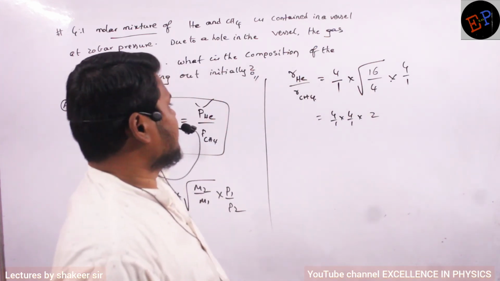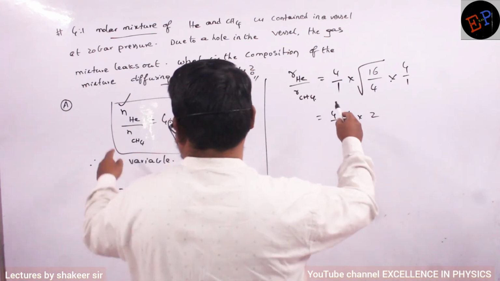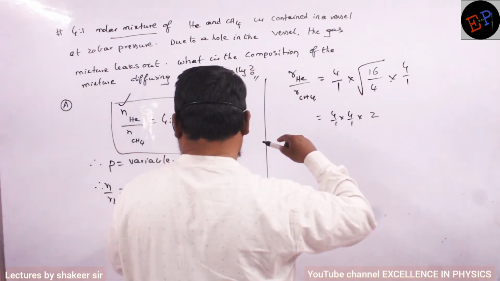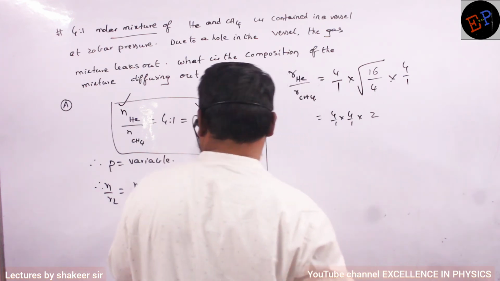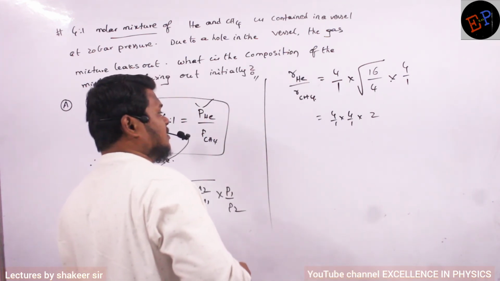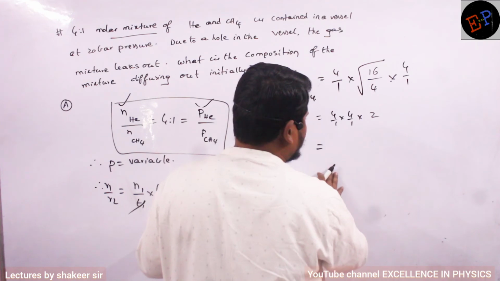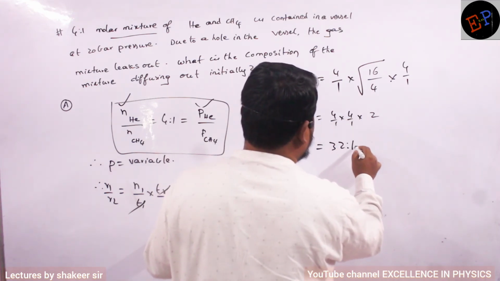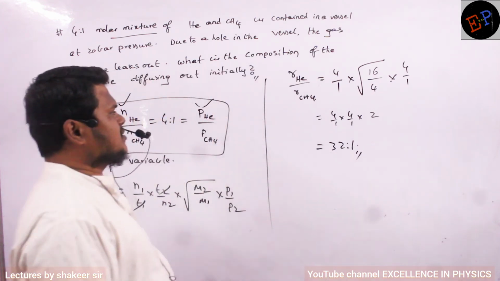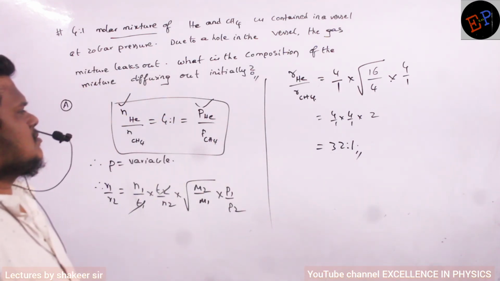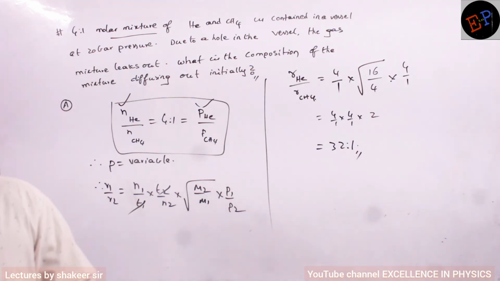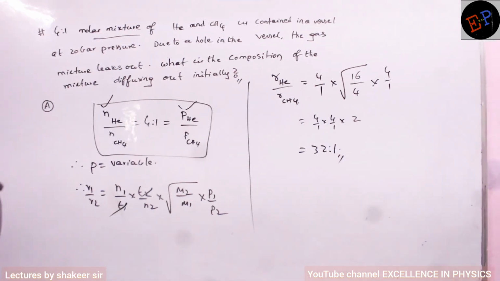That is correct. But what value am I getting? Number of moles 4:1, pressure 4:1, everything is correct. So what ratio am I getting? 32:1, maybe. Let us check the answer.